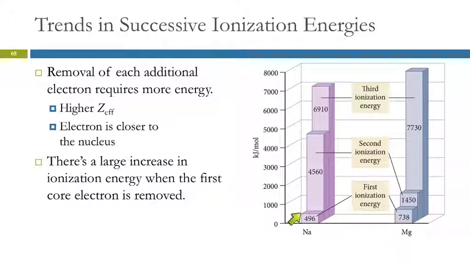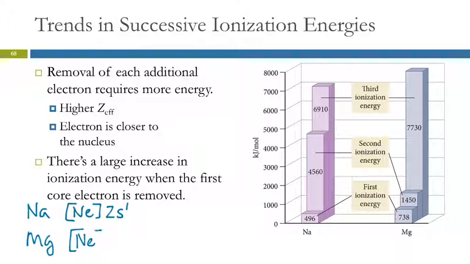The reason is that when you remove that, let's look at, so here's sodium and neon. Here's the electron configuration for sodium. And here's the electron configuration for magnesium.